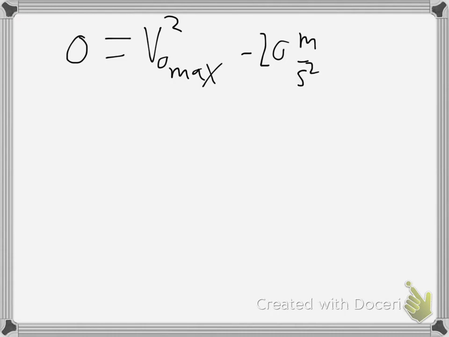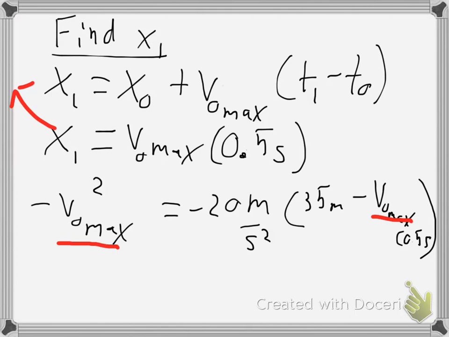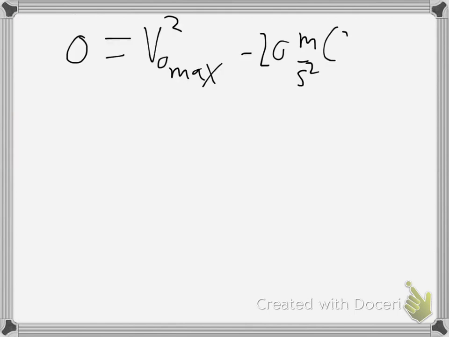Therefore we get 0 is equal to v0 max squared minus 20 meters per second squared, and 35 meters and v0 max times 0.5. I'm essentially going to expand the parentheses there.